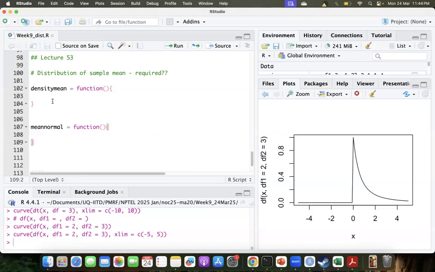And since there is no question around this function, like writing a function in R in this week's assignment, I'm not discussing it now because anyway, it's worth discussing when there's a full lecture devoted to this and when you have questions for this. So we'll definitely talk about this, but I don't remember if it's next week or the week after, but we will talk about this later. All right. And there's no question pertaining to this in this assignment.